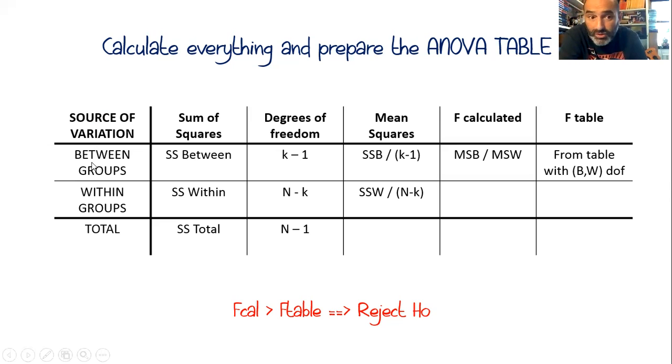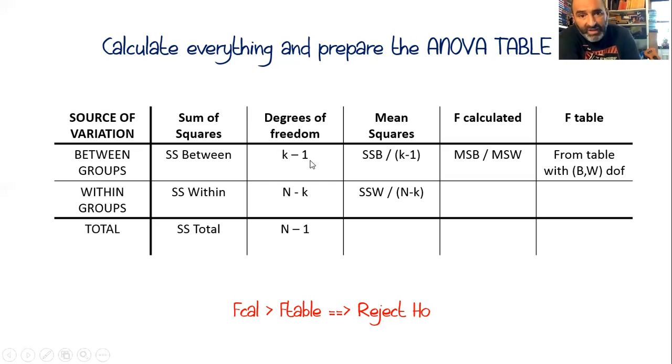I have four groups, then I have 4 minus 1, 3 between group degrees of freedom. And 3 here, 99 here, then this should be 96. Period. I don't want to see formulas. I want to see correct solutions. Right? If you learn this way, life is easy. If you try to memorize n's, k's, everything is going to be, there's a chance. It's not going to be for every one of you, but there's a chance that they will all be mixed up.